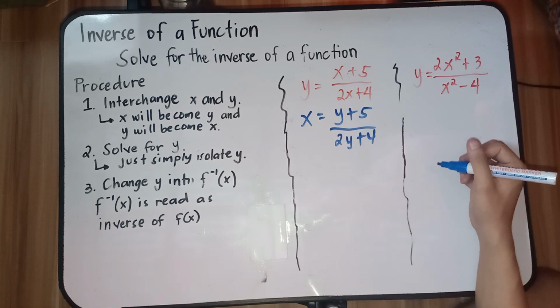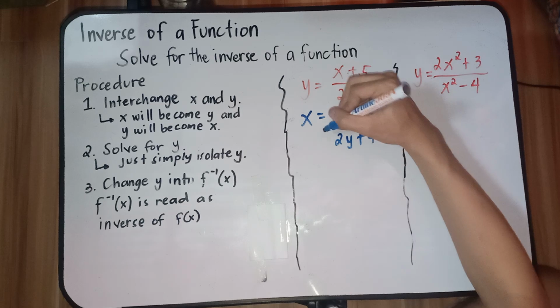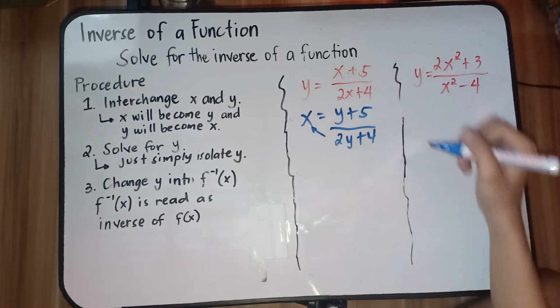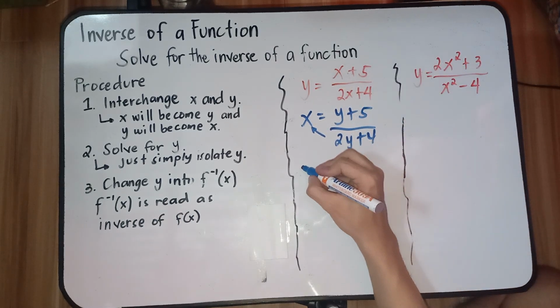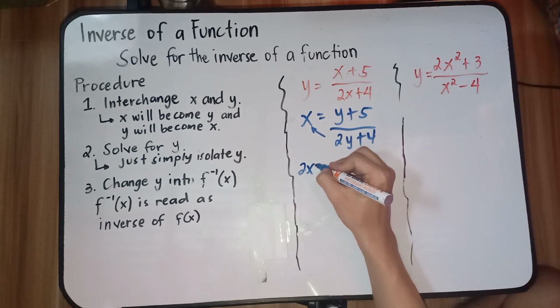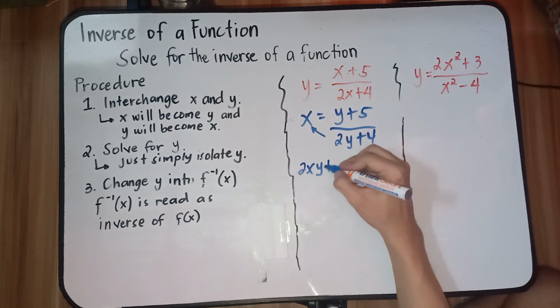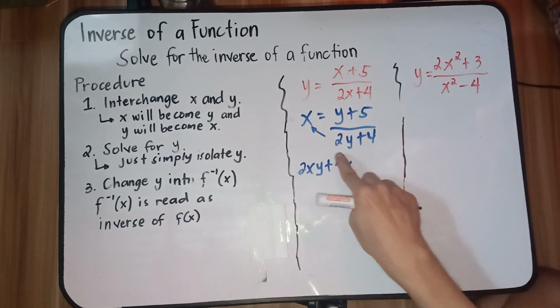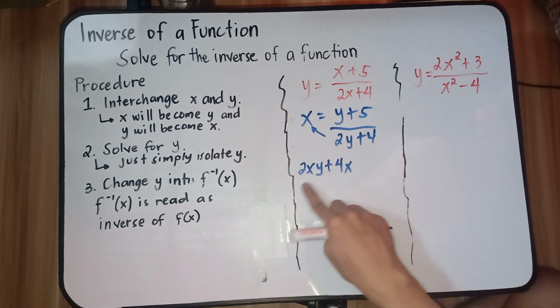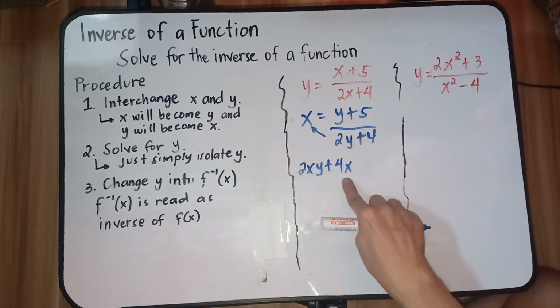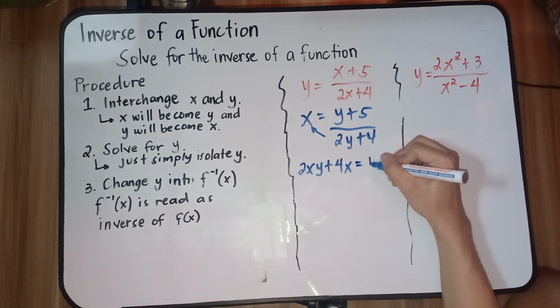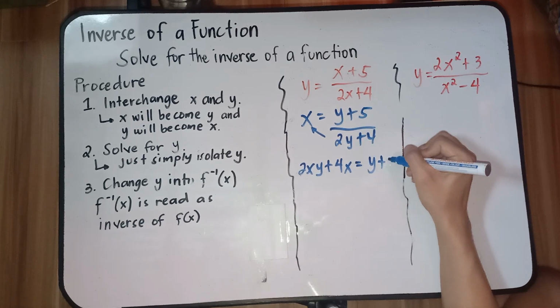Next step is to isolate y. So to do that, you can do something like this. Multiply the denominator to the x. So therefore, we have 2xy plus 4x. Since 2y times x is 2xy, 4 times x is 4x, is equal to y plus 5.